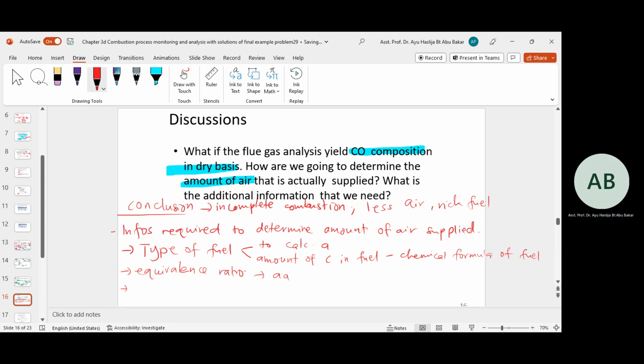Then, other than this, the AF ratio can also contribute to identifying the amount of air, because from the air fuel ratio, we know what is the A used in the combustion equation. Any more?